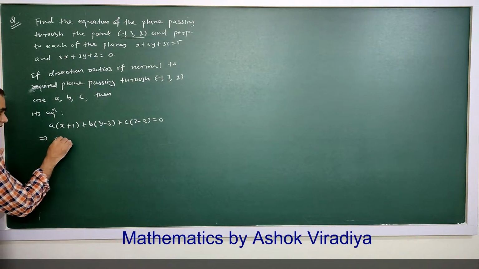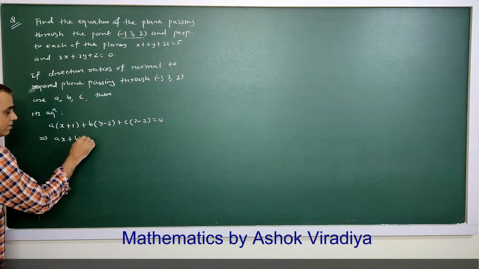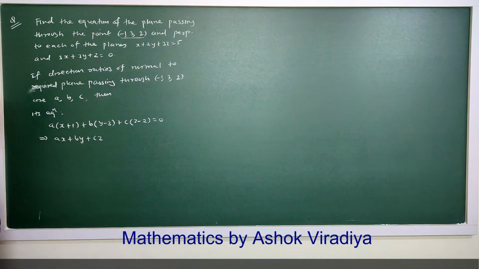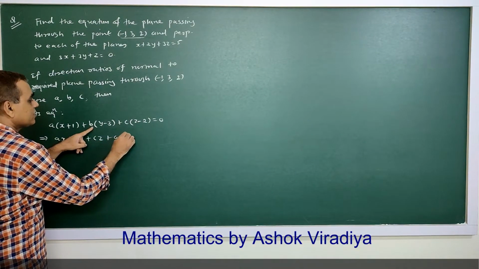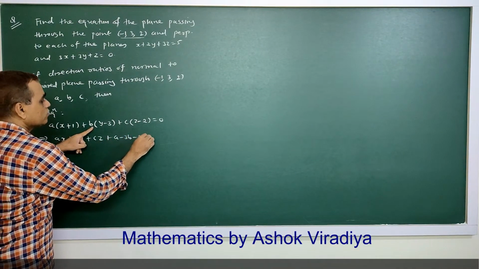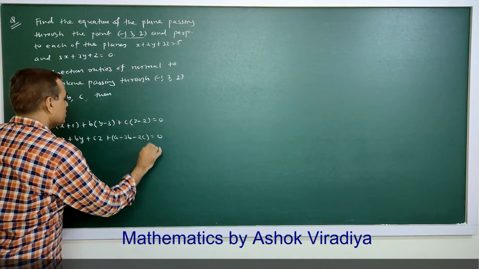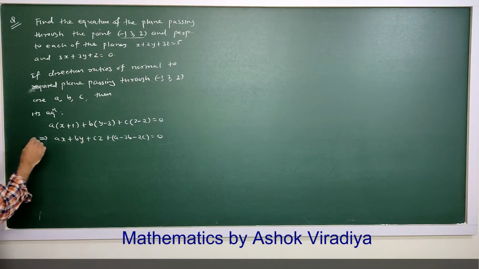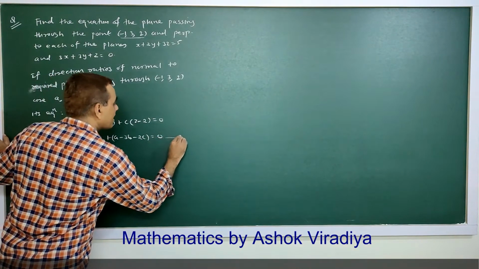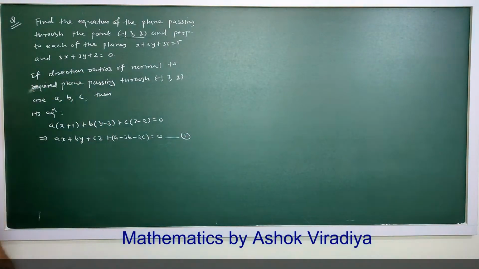Simplifying this, Ax + By + Cz + A − 3B − 2C = 0. So this will be the required equation. Let me say it is equation 1.